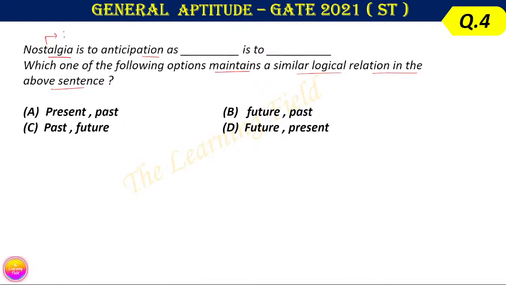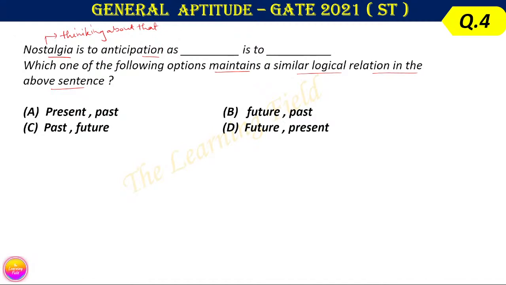What does nostalgia mean? Thinking about the past, okay. Something happened in the past, suppose 10 years ago, and today we think about that, okay.